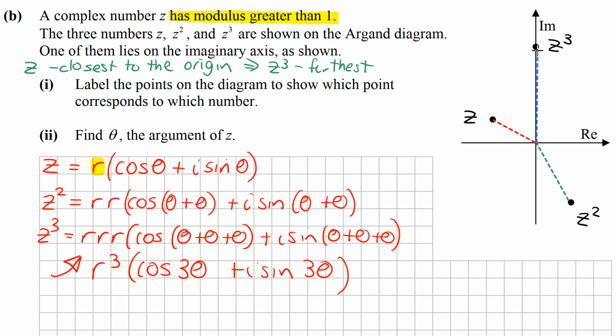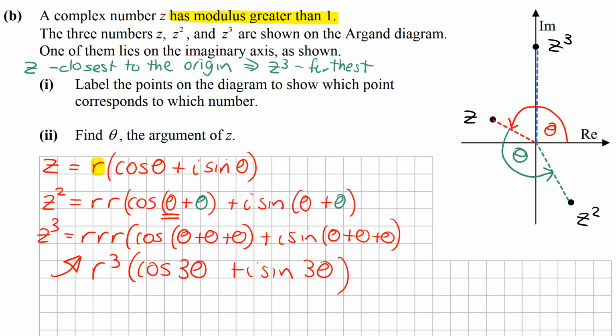Now if we look at this, our first angle, z, or theta, comes right around to here. So that's a theta. Now remember what I said: to get z squared, I have that theta, and I'll put it in green maybe here, and another theta, to get me around to there.